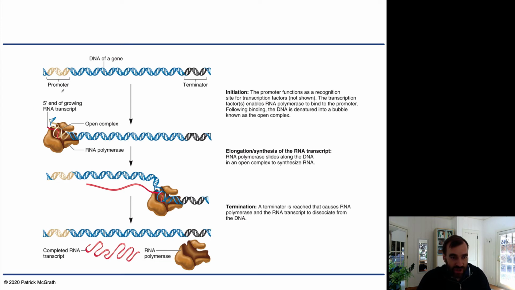So initiation, the process of initiation, is when the RNA polymerase is able to bind to the promoter. So the first thing that needs to happen is the promoter must be bound. You must melt the DNA strands apart, and then you must initiate and start the formation of an mRNA transcript. So for transcription, you don't need a primer.